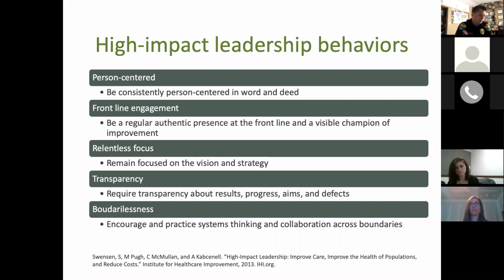When it comes to transparency, a few ideas are to share storyboards within the organization, to share the improvement data that you're collecting over time. If you are the leader of an improvement project, be asking your team, what's your data this month? What is your data telling you over time? What are you learning from your PDSA cycles?